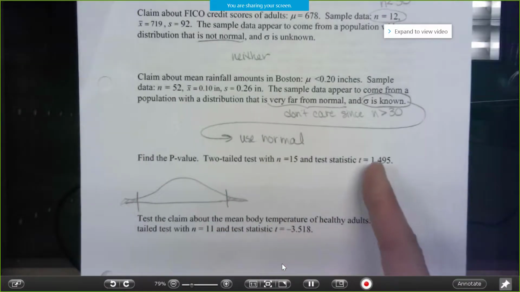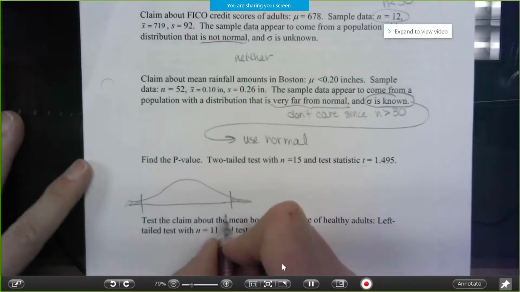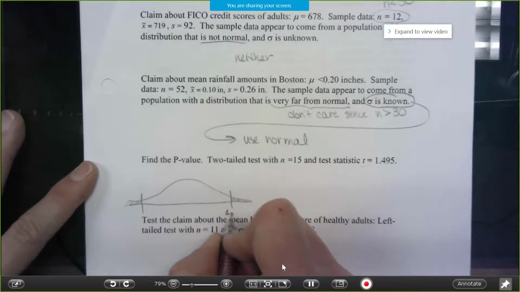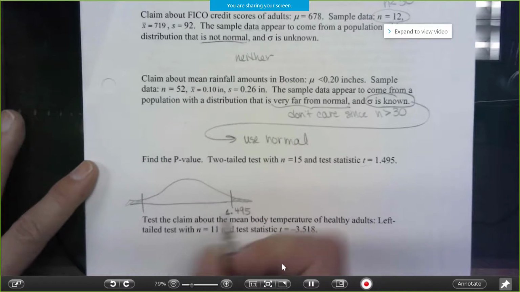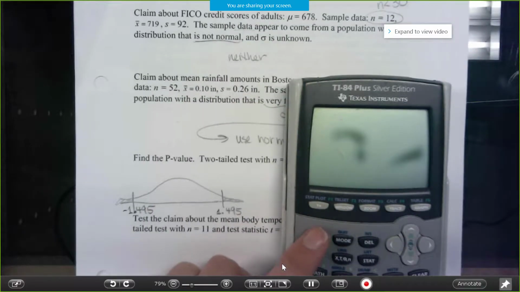And our test statistic is 1.495. So with the p-value approach, we use the test statistic to start our tails. So I'd have 1.495 here, and then because of symmetry, this is negative 1.495. Remember, the P in p-value stands for probability. And I know I'm using the t distribution.